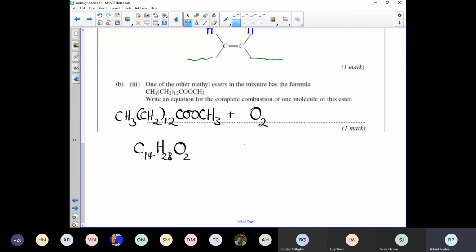I'm obviously going to be reacting it with oxygen, and it's complete combustion, so we're going to make carbon dioxide and water.